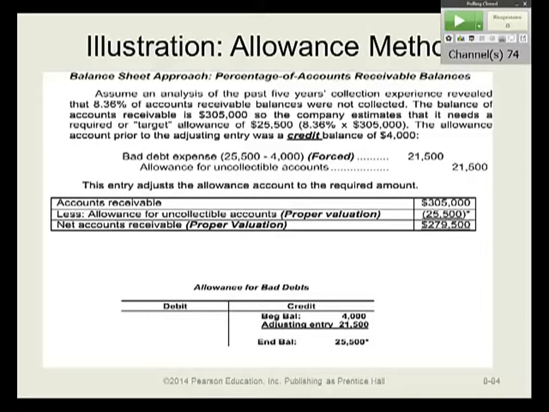Based on your past experience, you need to have in that allowance account, this is your target balance now, you need to have 25.5 in that account based on the ending receivable balance.